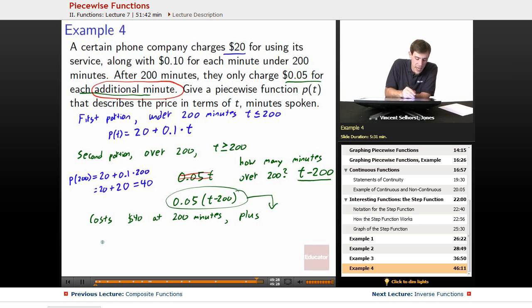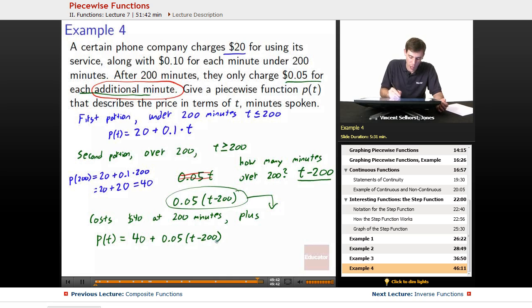So for the second portion, our function is going to be P of t equals $40, the lump sum that we have to pay at first to have even made it to the 200-minute mark, plus 5 cents for the number of minutes over 200 minutes. So our function has been broken into two pieces.